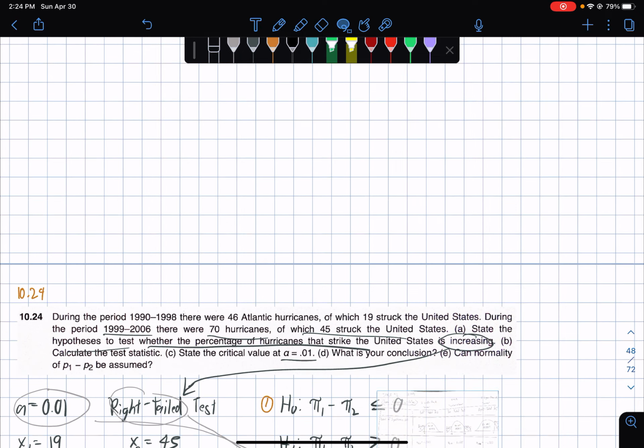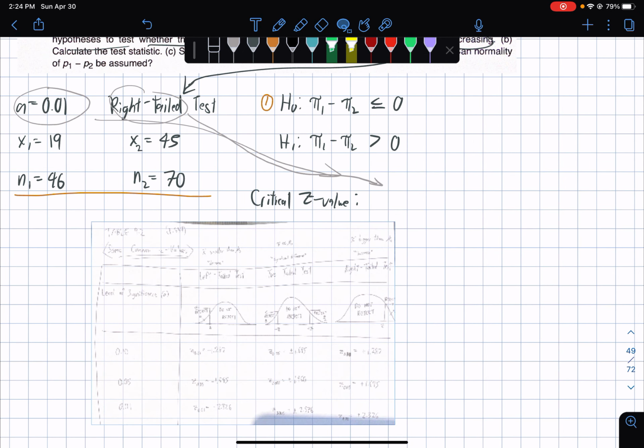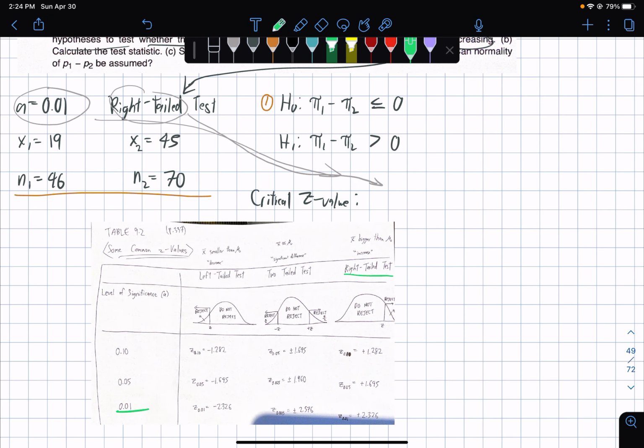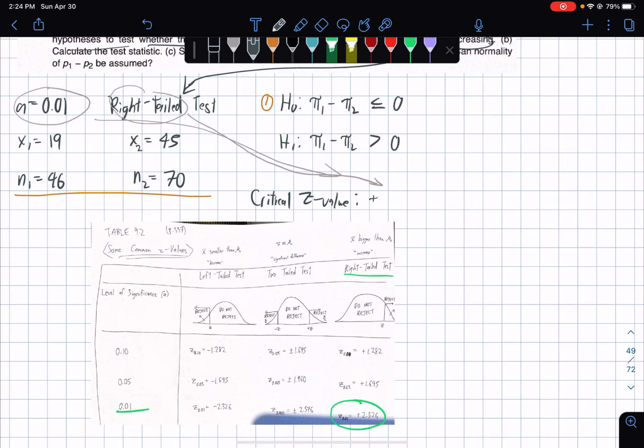Let's use this again. Okay, 0.01, and the fact that it is a right-tailed test. Okay, we have positive 2.326.